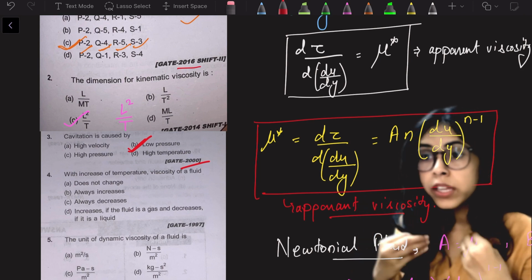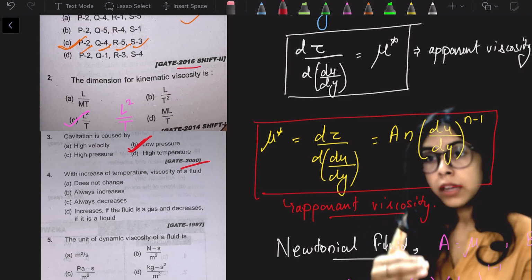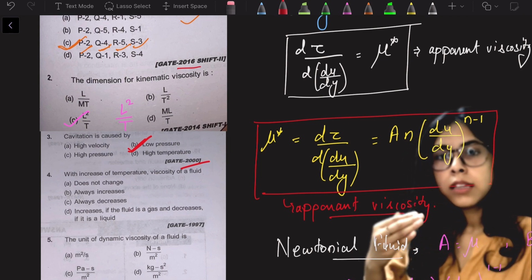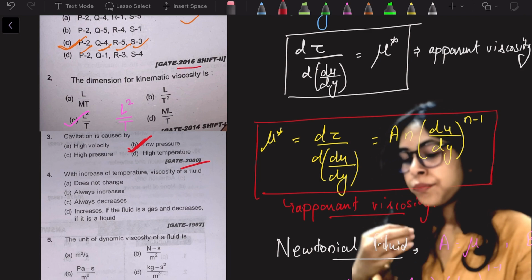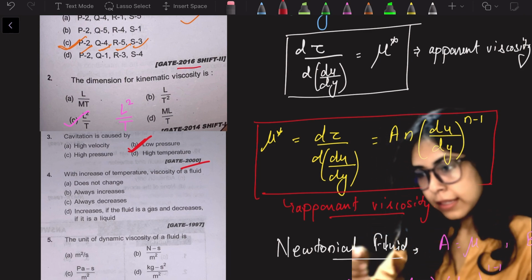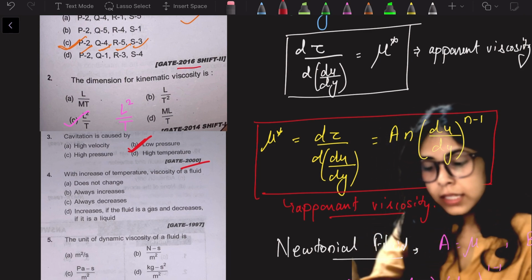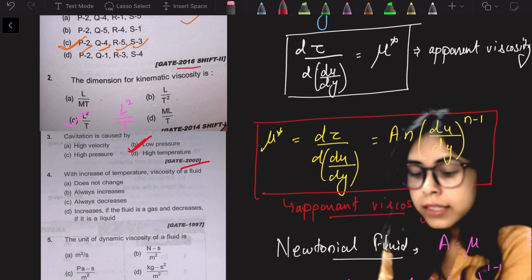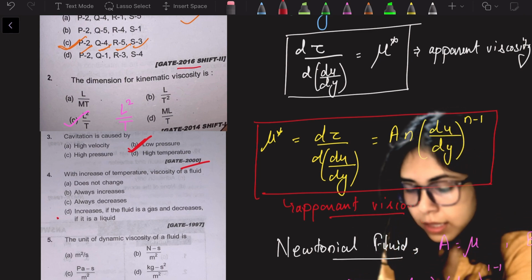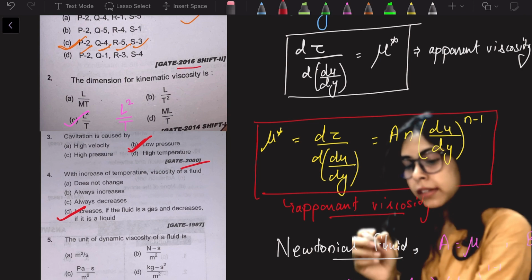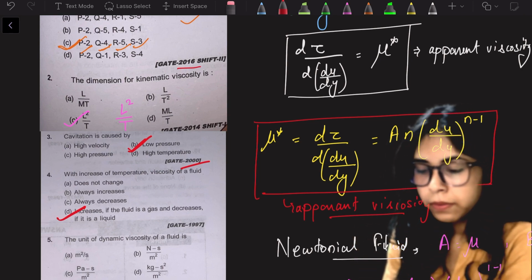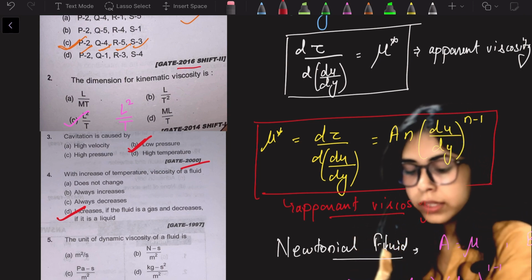So the collision increases due to the temperature, and if the collision increases, the viscosity increases in the case of gases. So the answer is: increases if the fluid is a gas and decreases if the fluid is a liquid. With this we are done with question number 4.